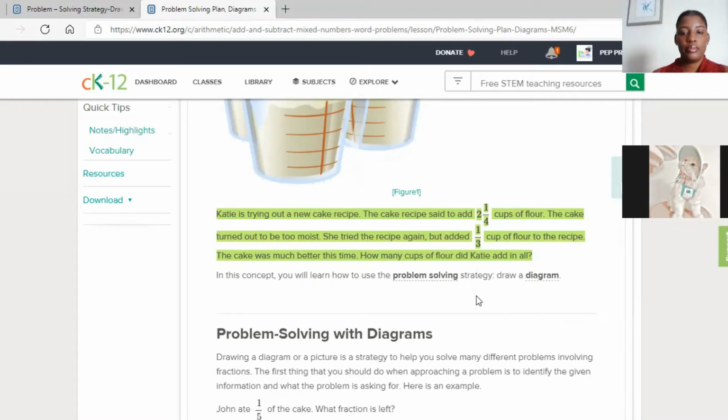Miss, in all. In all. What operation are you going to be performing when you see the words in all? Miss, adding. You're going to be adding. So when we see in all, it tells us that we're going to be adding.